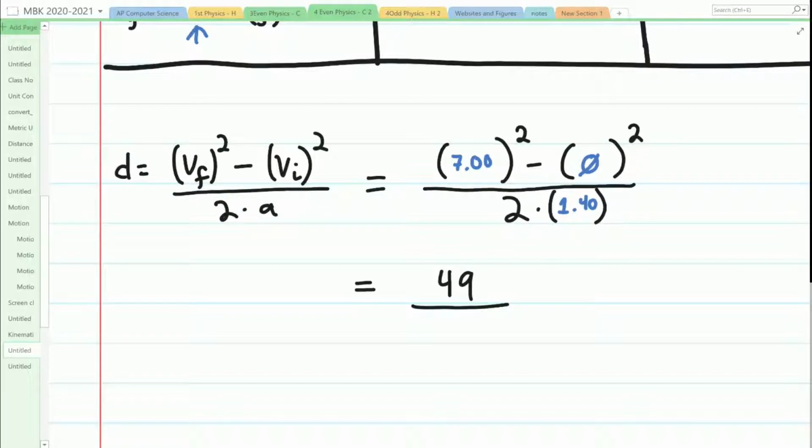And then 1.4 times 2 is what? 2.8. And then 49 divided by 2.8, I get 17.5. And since we were dealing with displacement, this is going to be in meters. Cool.